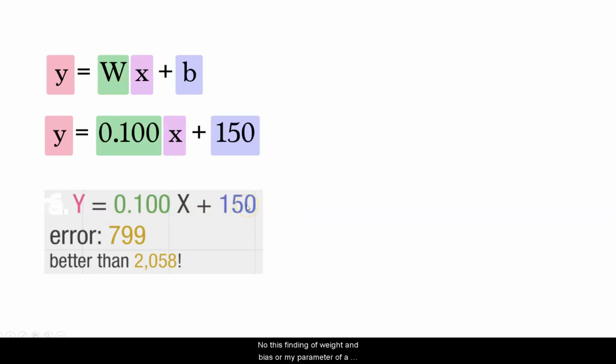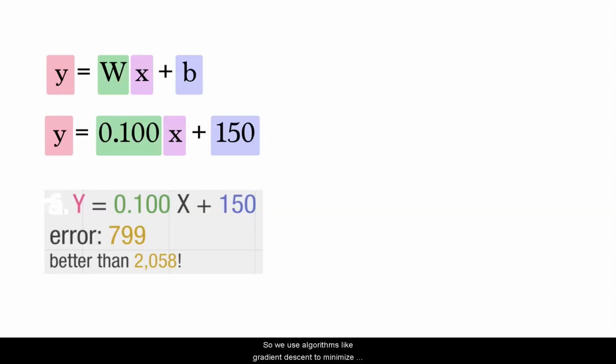Now this finding of weight and bias, or the parameters of a neural network, I just did manually, trying different values of W and B. Whereas when you start to build your neural network, we do this process with the help of optimization algorithms like gradient descent.